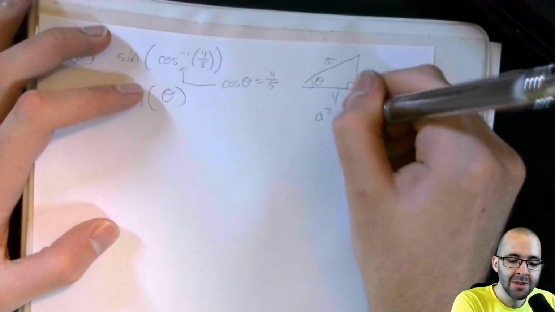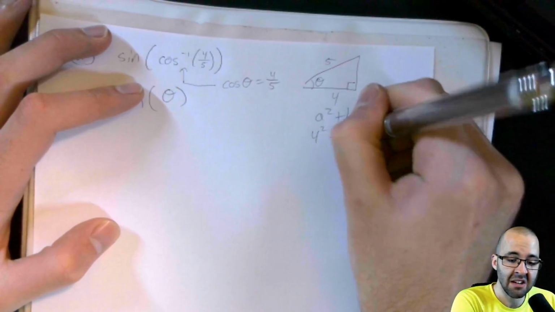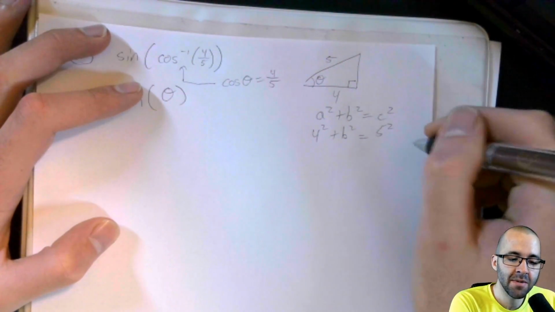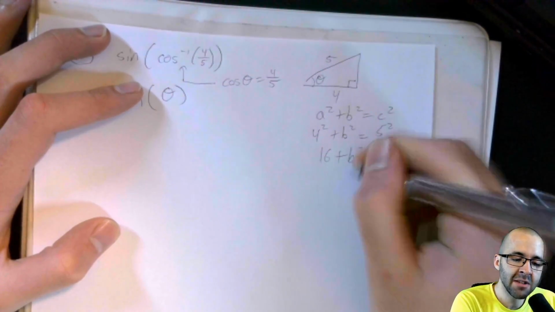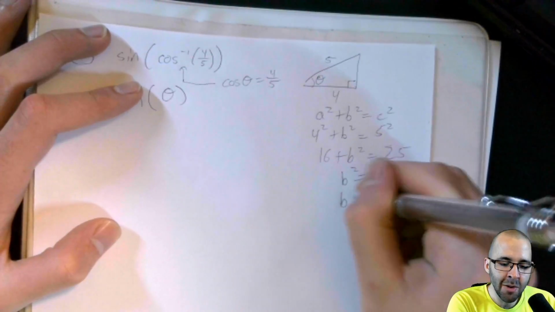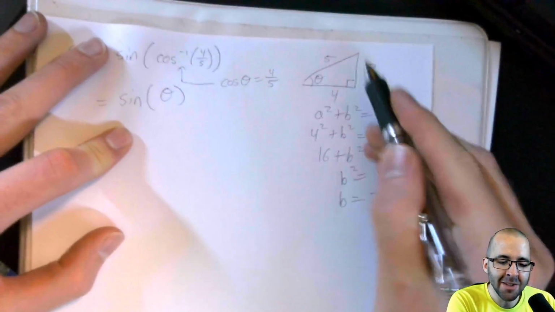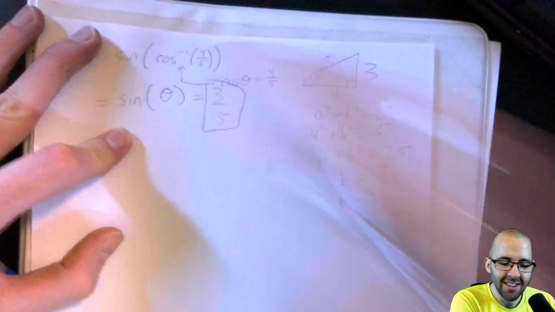A squared plus b squared equals c squared. So 4 squared plus b squared equals 5 squared. 16 plus b squared equals 25. Subtract 16 from both sides. You get b squared equals 9. Take the square root. b is 3. Aha. So this is 3. Sine of the angle is the opposite over the hypotenuse, which is just 3/5.